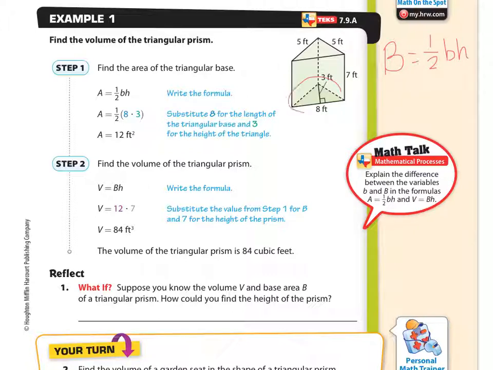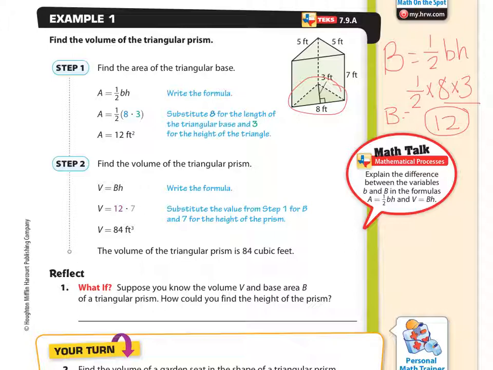So it's 1/2 times 8 times 3. 8 is your base and 3 is your height. Well, 8 times 3 is 24, and half of 24 is 12. That is the area of the base.